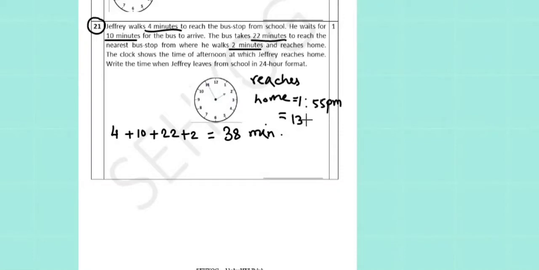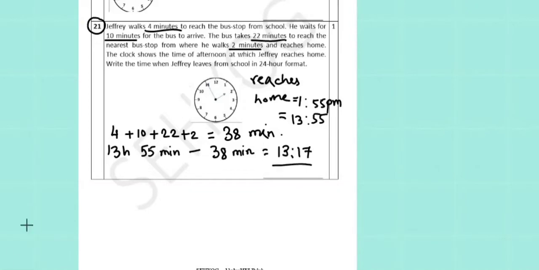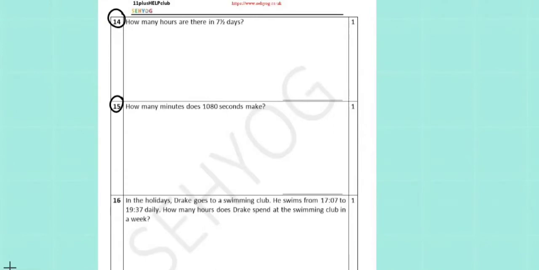So from 13 hours 55 minutes, we will subtract 38 minutes, which is the duration, and we will get the starting time, which is 13 hours and 17 minutes, which gives us 13:17 answer.